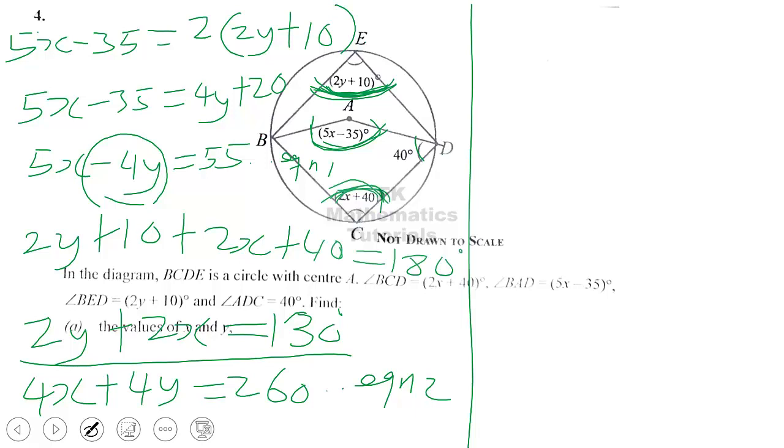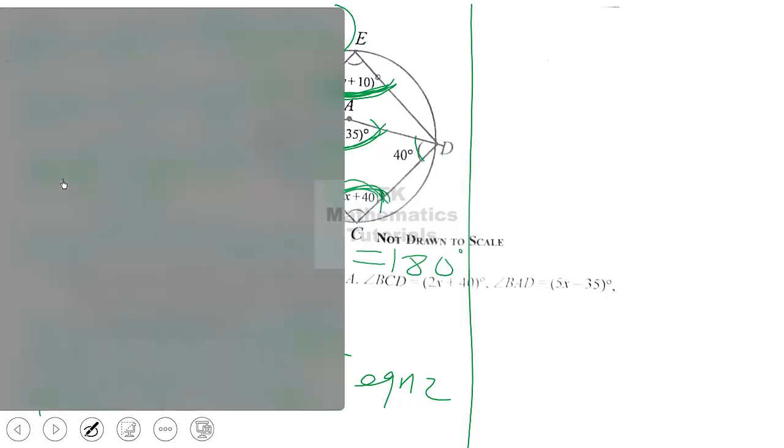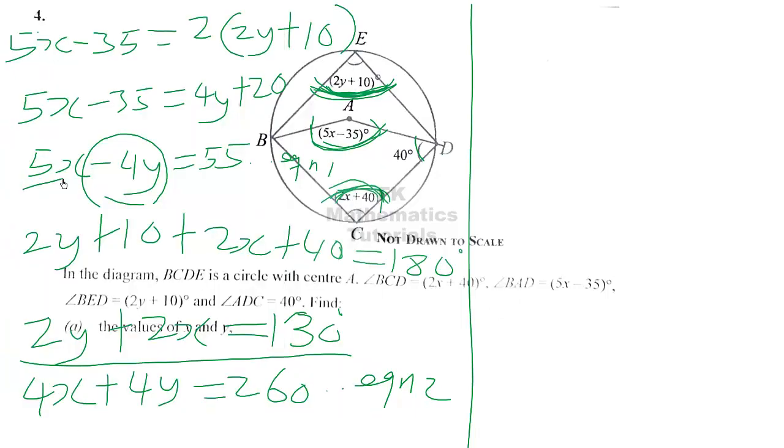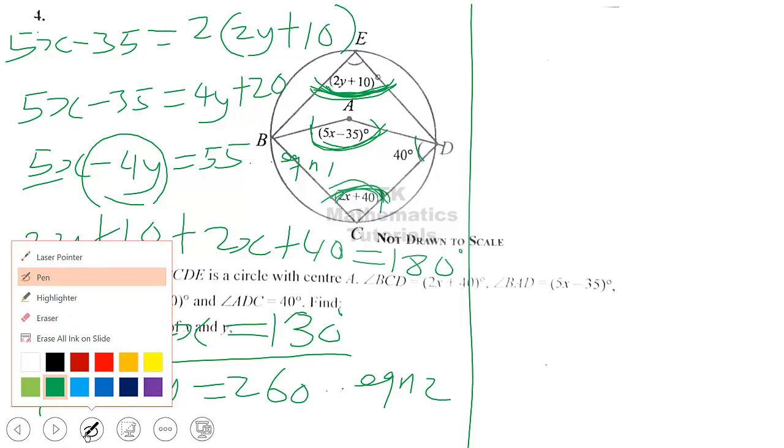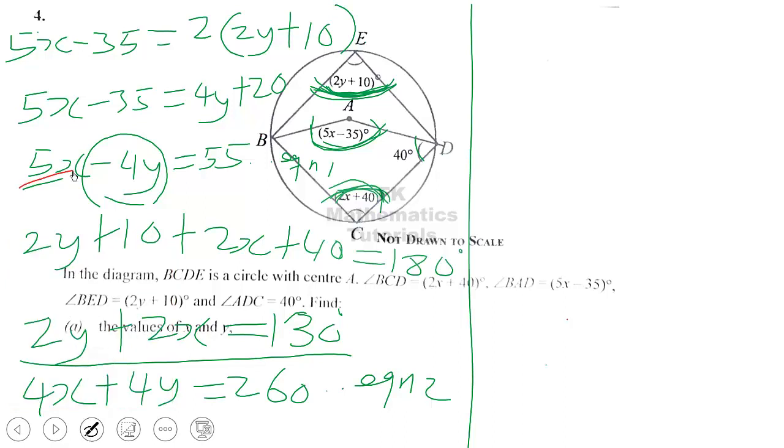So 5x plus 4x will be equal to 9x, and negative 4y plus 4y will be equal to 0.